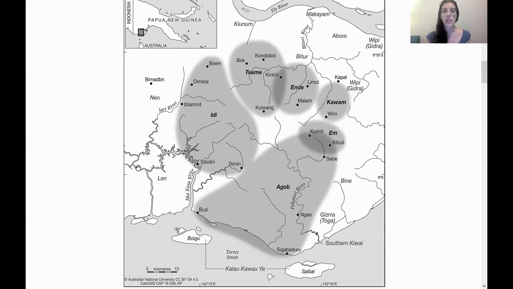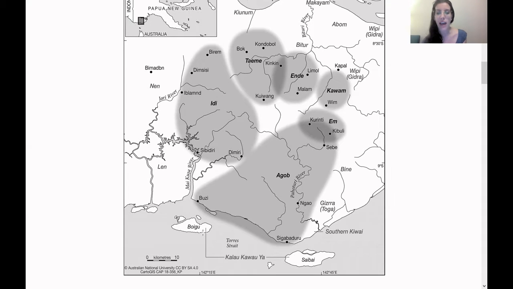You can see to the west are languages like Nen and Len. These are Yam languages. To the north, we have languages like Bitur, which is a Trans-New Guinea language. To the east, we have Wipi and Bine and Gizra, which are Eastern Trans-Fly languages. And then even to the south, on the islands in the Torres Strait, you see Kalaw Kawaw Ya, which is a Pama-Nyungan language.